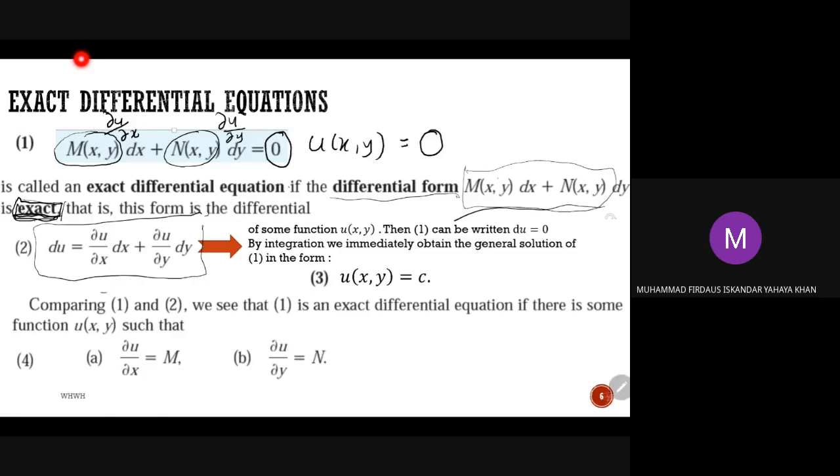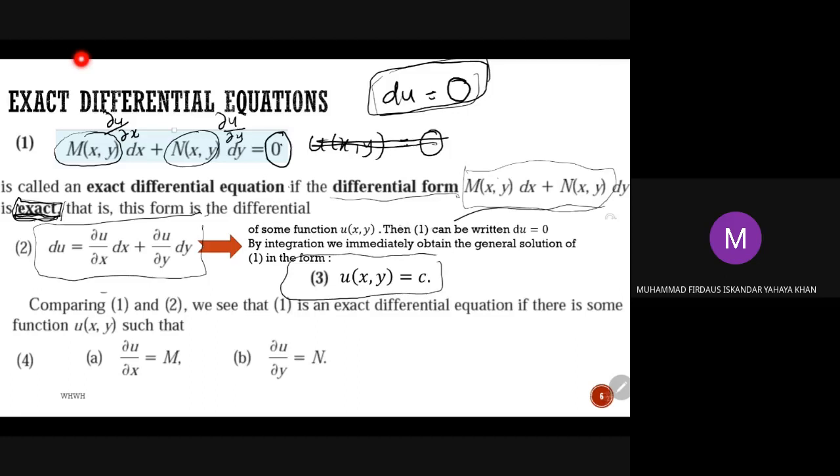Alright. Sorry, yang ni bukan kosong, ni bukan u(x,y) tadi ni. Ni adalah du tadi kan. Sorry. du sama dengan kosong. Kan ni del u over del x dx plus del u over del y dy equals to du. Okay, so for this case kita let du equals to kosong. Okay, ni the explanation kat sini ni.